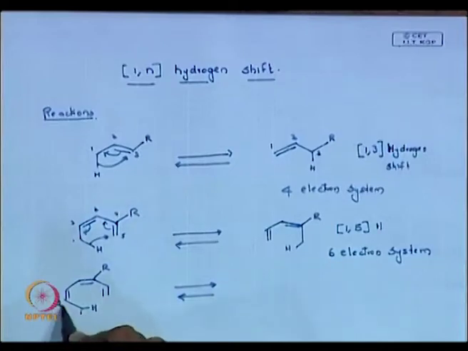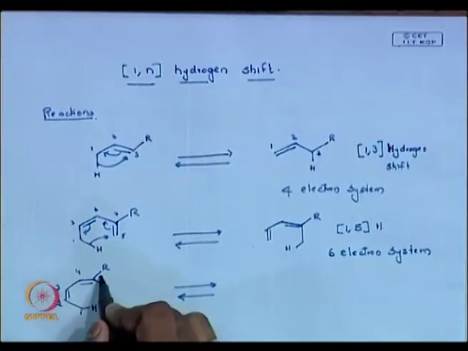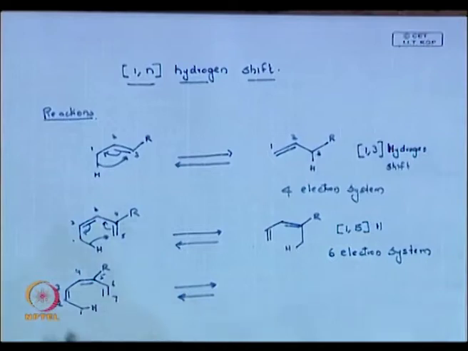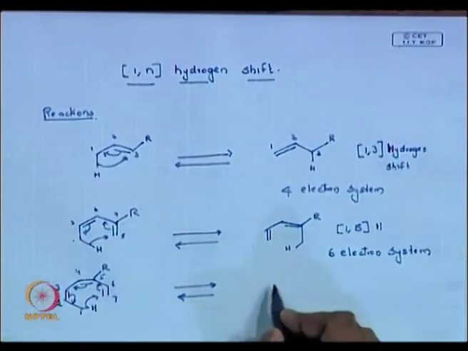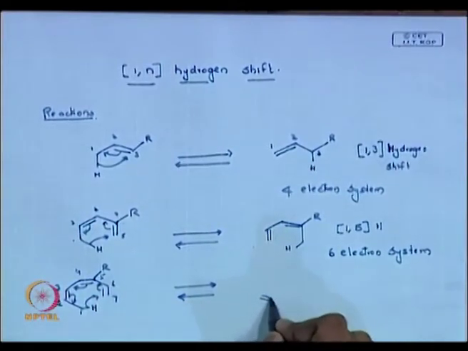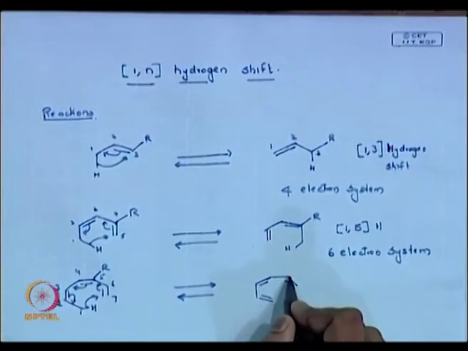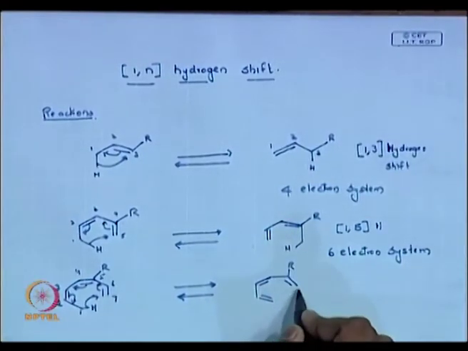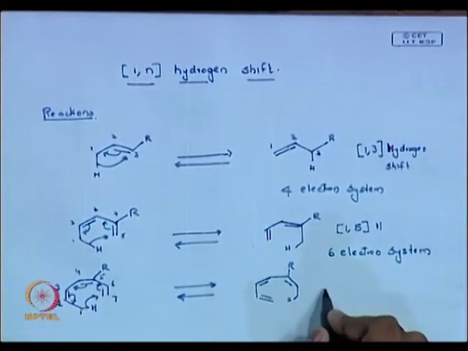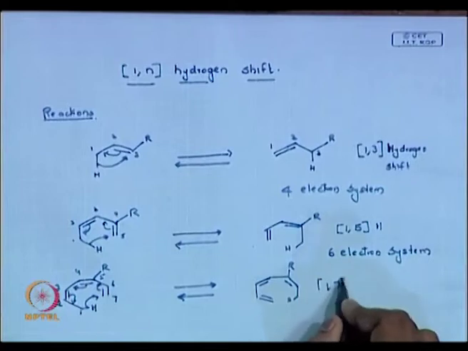So, 1, 2, 3, 4, 5, 6, 7. So, it is a 1,7 hydrogen shift.